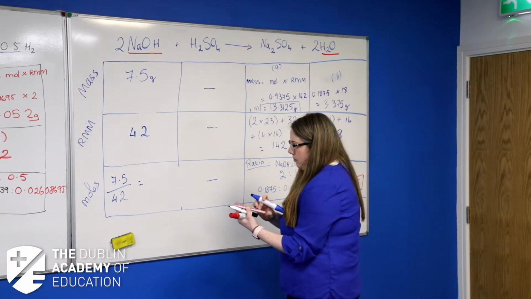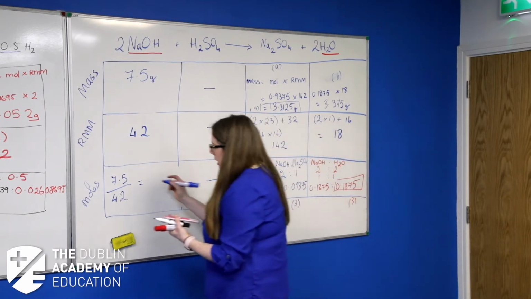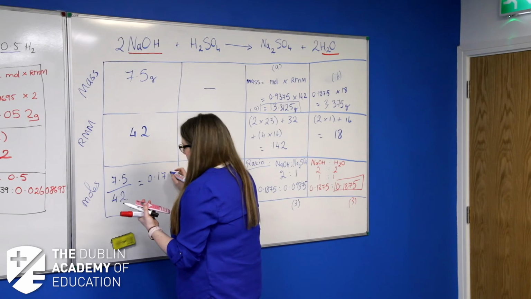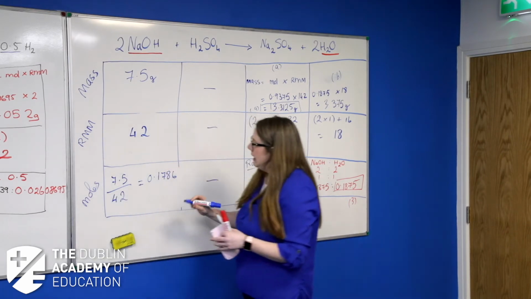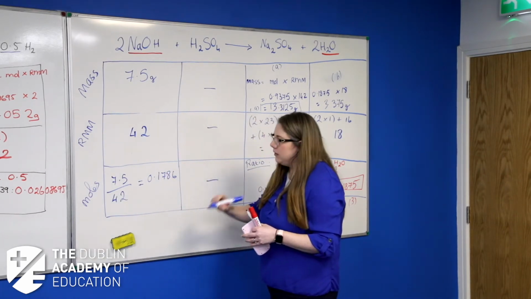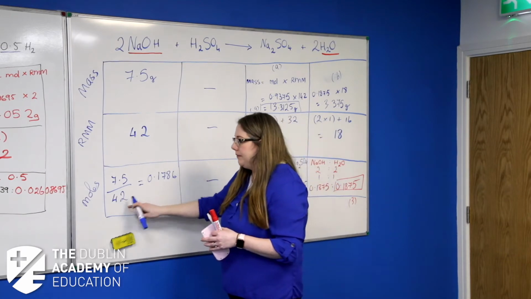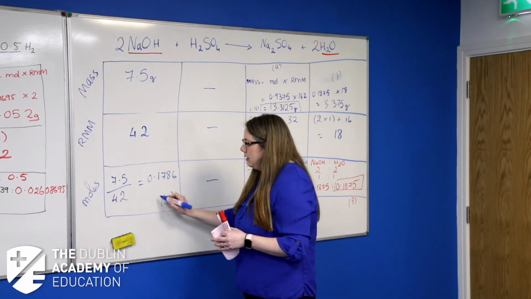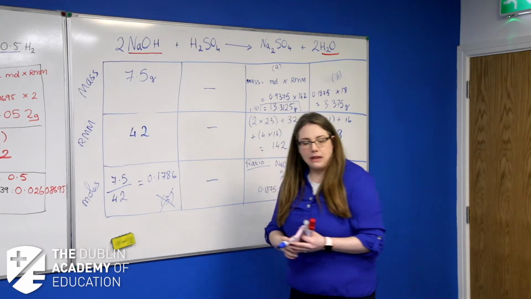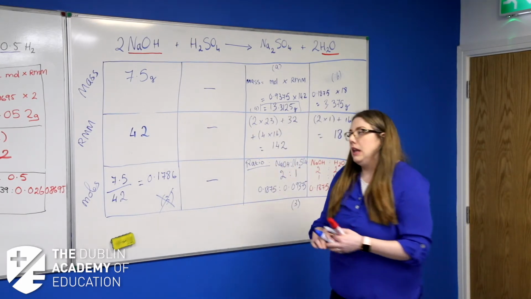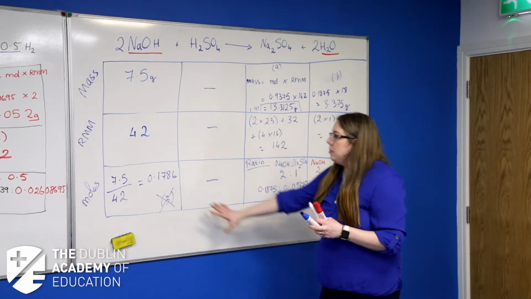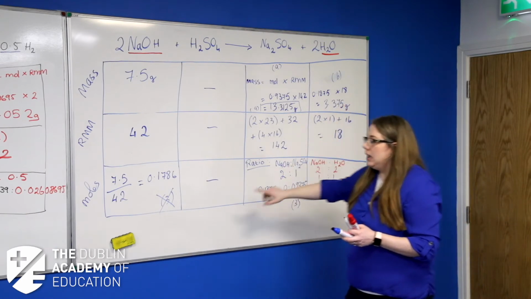So let's do 7.5 divided by 42 is 0.1786. Now that's not the correct number of moles because your RMM is wrong. You're not going to get your 3 marks there. But that doesn't matter. Well, it does, but it's not going to impact the rest of the question.